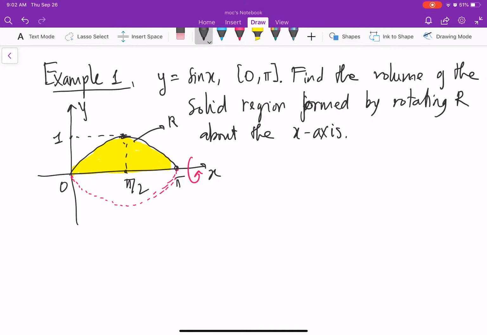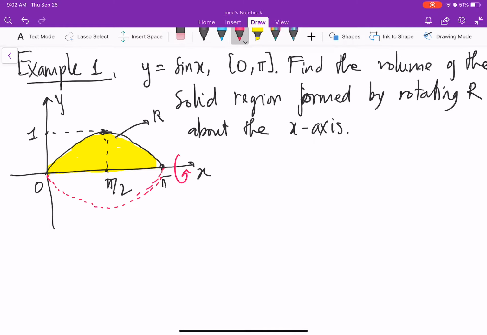So in this situation, I rotate our region about the x-axis. So I would like to approximate, first I divide our solid region in small pieces like this, okay? And here, suppose that is delta x, and here, we can say that is xi. In here and here, I have f of xi. Okay, so for this small piece, let me zoom that out.